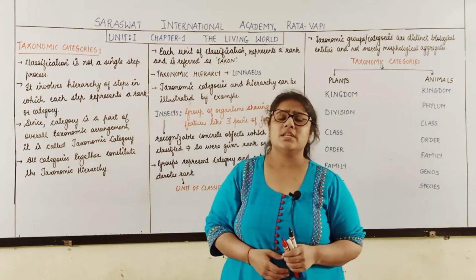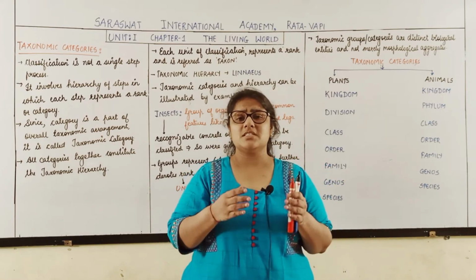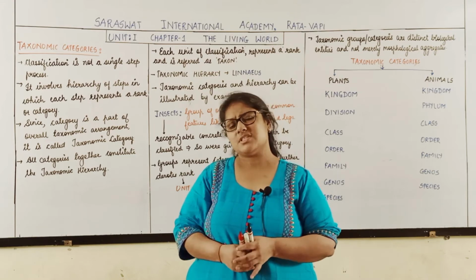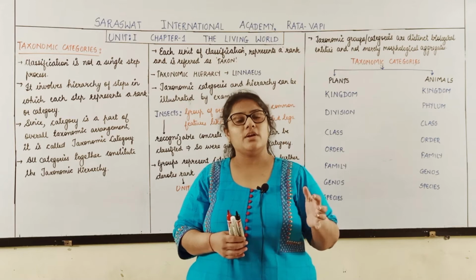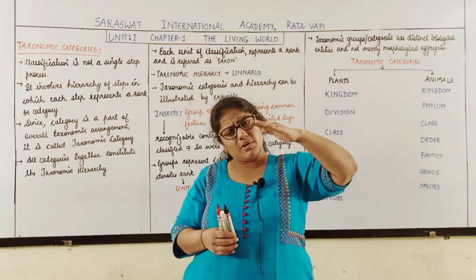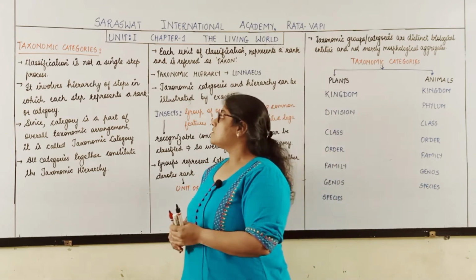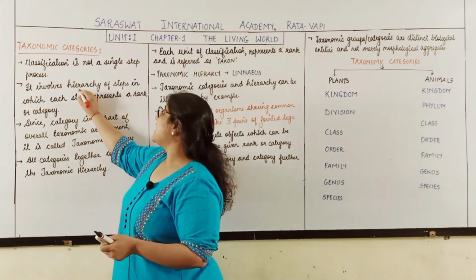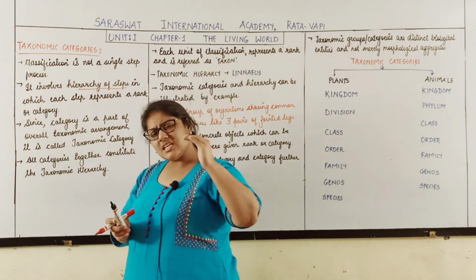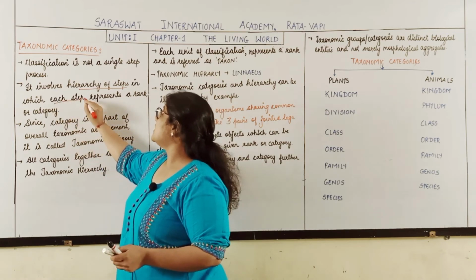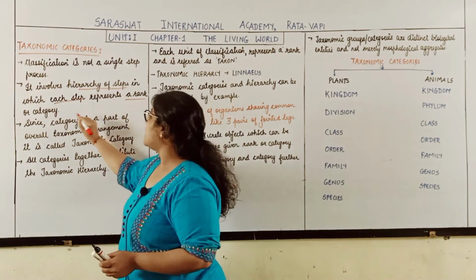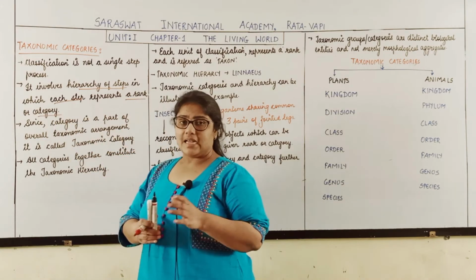Now students, we all know that the process of classification is not a single step process. It is a multi-step process. We cannot classify an organism in a single step. It requires many steps, so it involves a hierarchy of steps. Hierarchy means different levels of steps. Each step represents a rank or category.